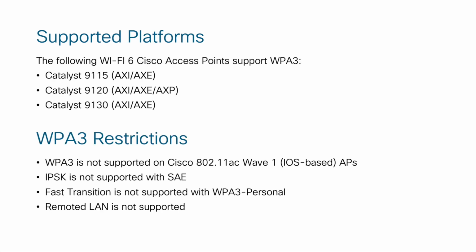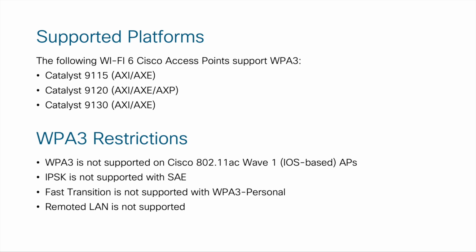So there's a few platforms that WPA3 is supported on: the Catalyst 9115 platform, the Catalyst 9120 platform, as well as the Catalyst 9130 platform. There's also a few restrictions to using WPA3 in this environment.